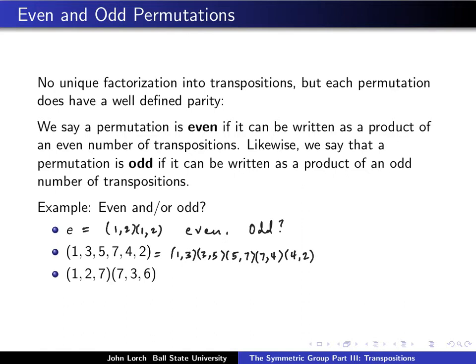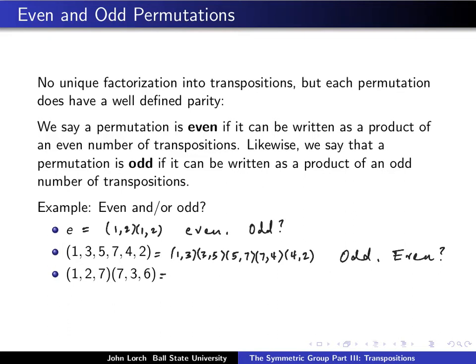We count up the number of transpositions: 1, 2, 3, 4, 5 transpositions. So this is an odd permutation. In general, if you have an r-cycle, a cycle of length r, it can be written as a product of r minus 1 transpositions. So we know this is an odd permutation. Is it even? Again, maybe that's something for you to investigate.